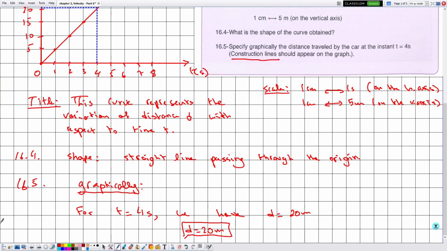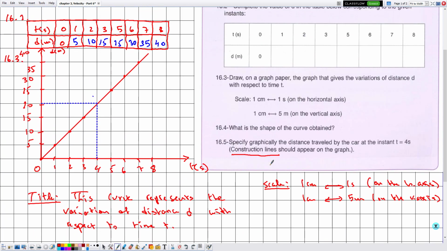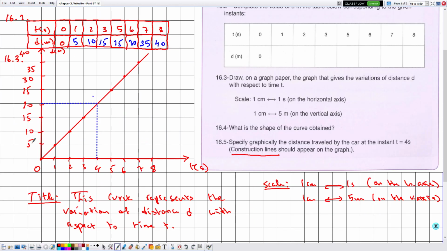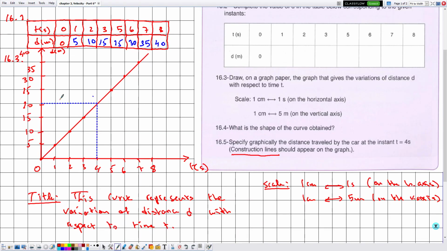So the benefit of drawing a curve represented graphically is that whenever we know the value of one variable, we can determine the other. In this case, we have t is equal to 4 seconds. So referring to the curve, we can determine the value of d.